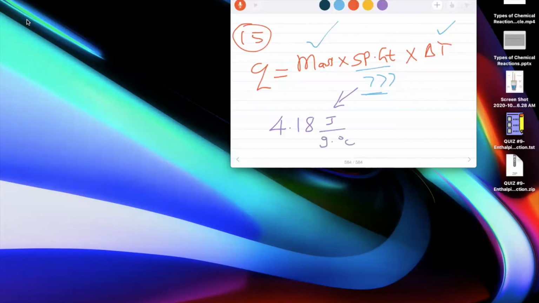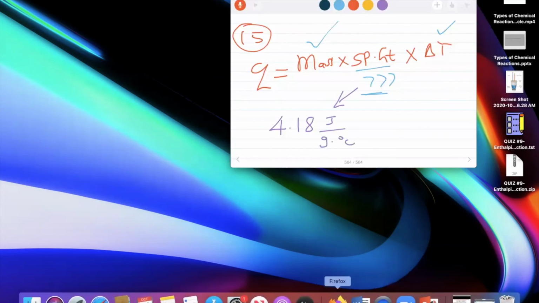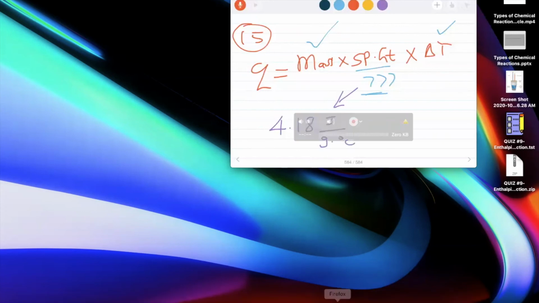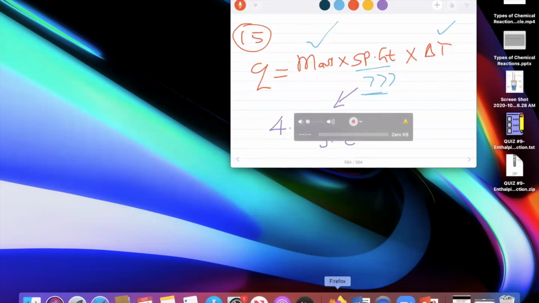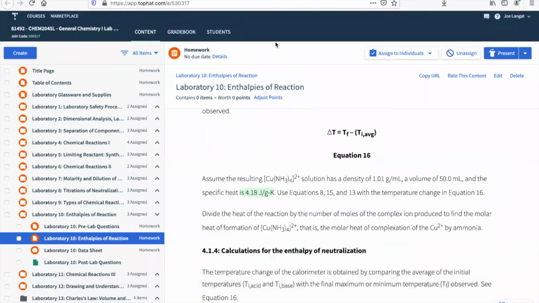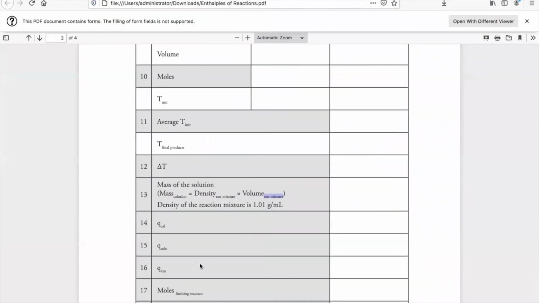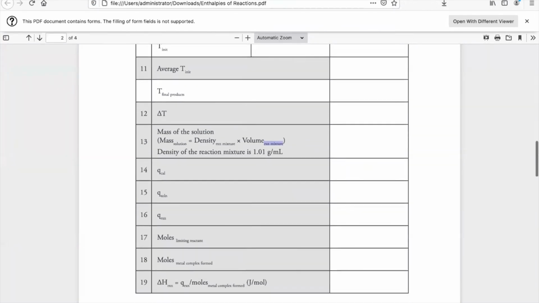And of course, the rest will be straightforward. I just wanted to tell you that without that value, you wouldn't be in a position to complete equation number 15, Q for solution.